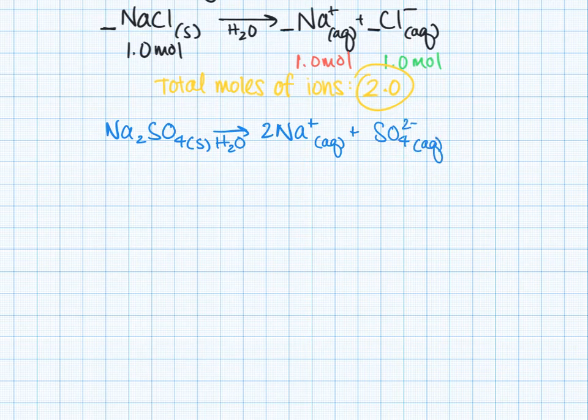And let's make it a little bit more difficult. Let's say I started with 0.50 moles of sodium sulfate. Well, let's actually write out the equation stoichiometrically.